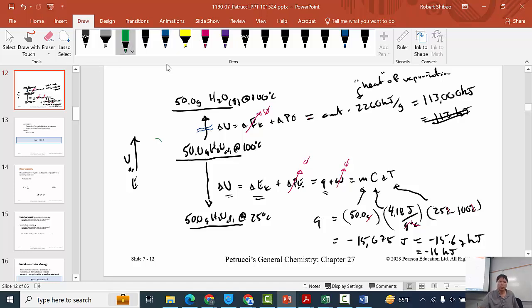And so this is the process, and the process is boiling. Once we finish boiling, there's nothing left. Down here, this is an object in which we cool the water, and we still have the object left down here. It's just colder.